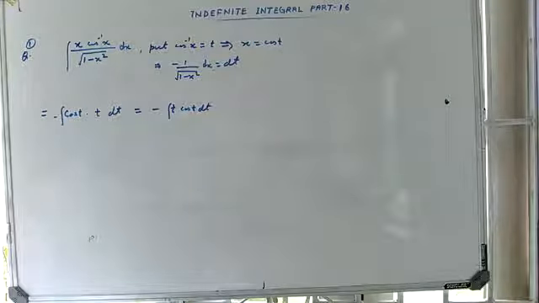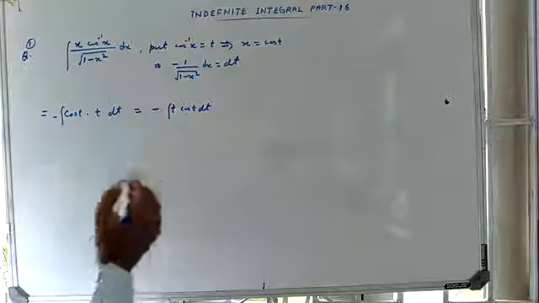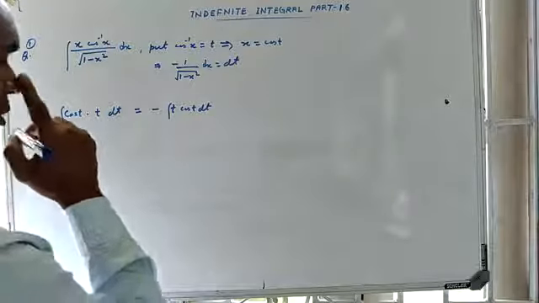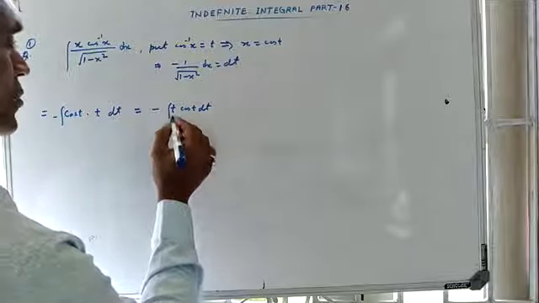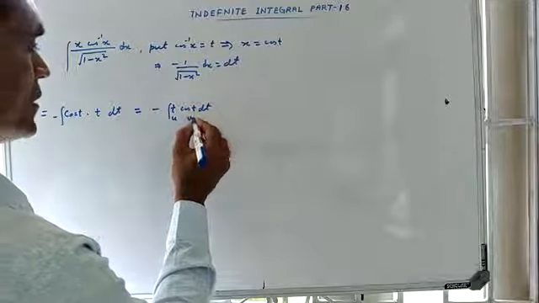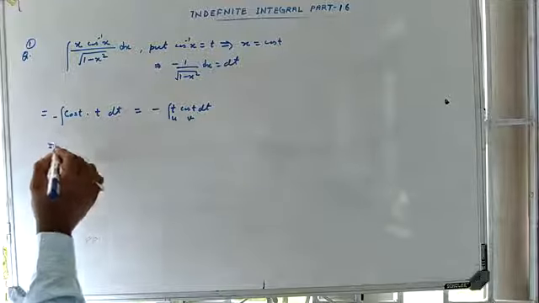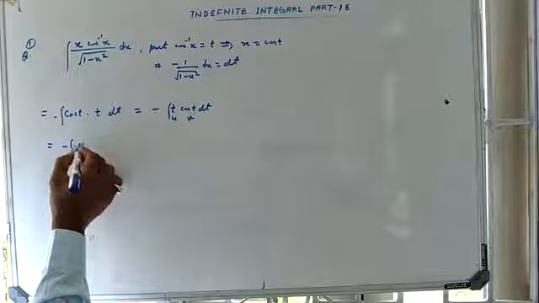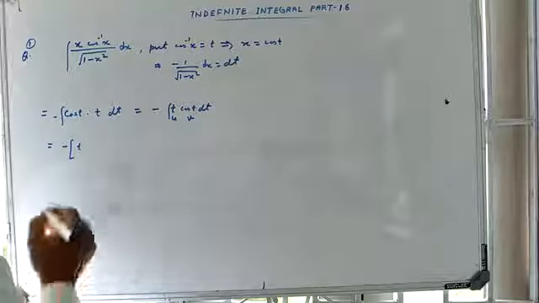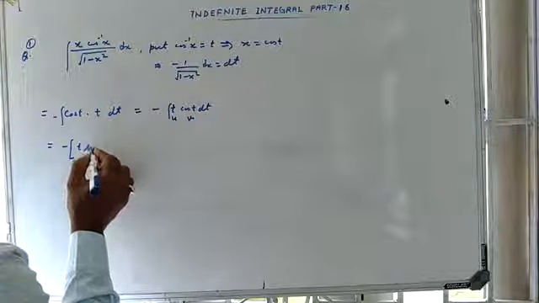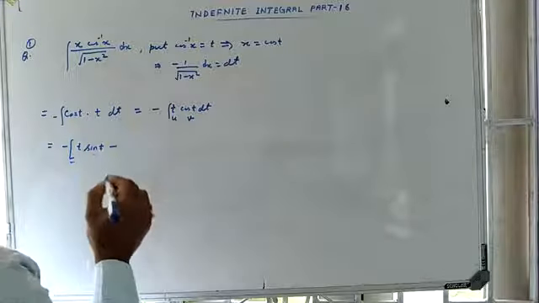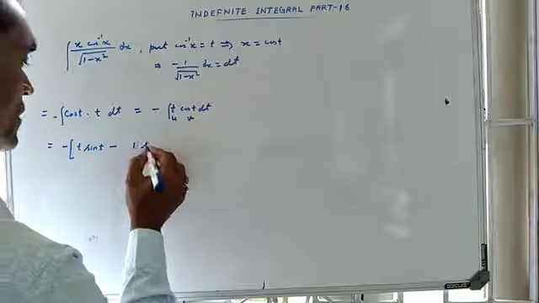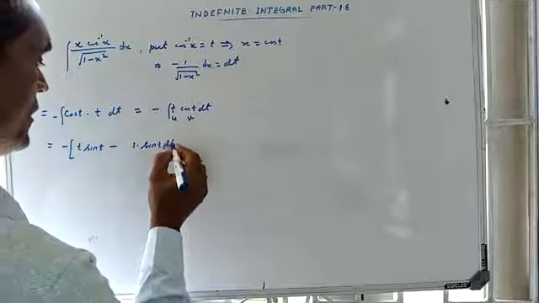This is the product of two functions. One is algebraic and the other is trigonometric, so we apply integration by parts. This will be first and this is second. First function unchanged, t unchanged, then integral of cos t, that is sine t, minus derivative of t, that is 1, and integral of cos t, sine t dt.